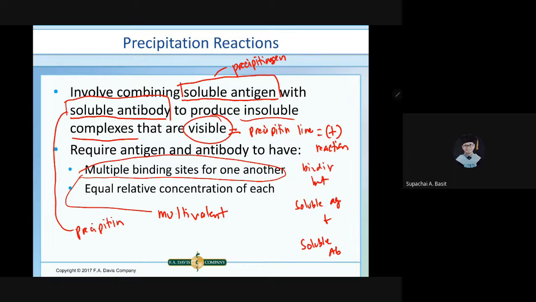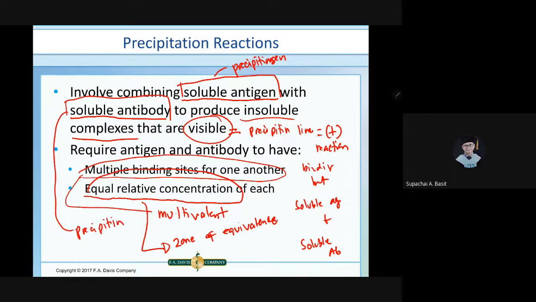And another requirement is that there should be an equal relative concentration of each. When you say equal relative concentration of each, it means that both the antigen and antibody should achieve the so-called zone of equivalence.